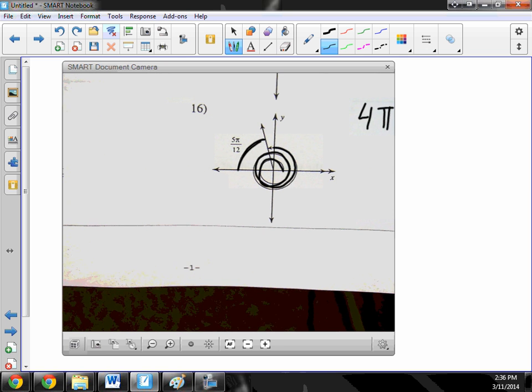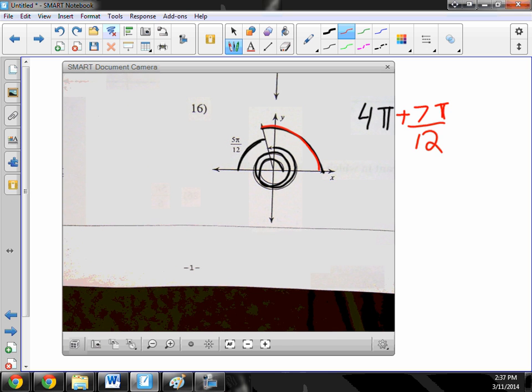Not 5 pi over 12, but the difference between 5 pi over 12 and starting position. It's the positive angle that creates the reference angle 5 pi over 12. So how far do I have to rotate so that my reference angle is 5 pi over 12? 7 pi over 12. So I'm going to add 7 pi over 12 to 4.